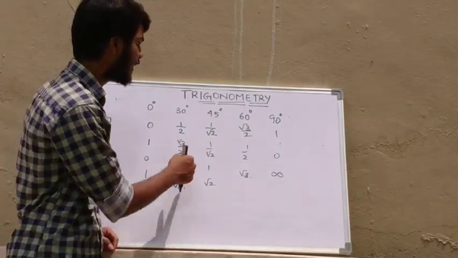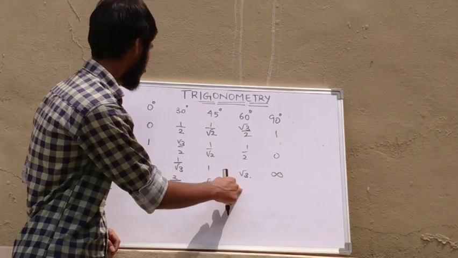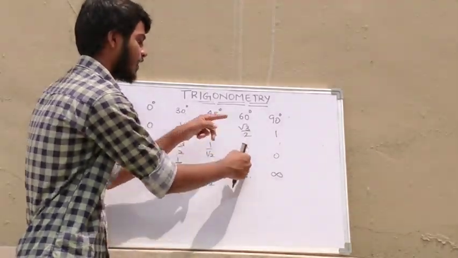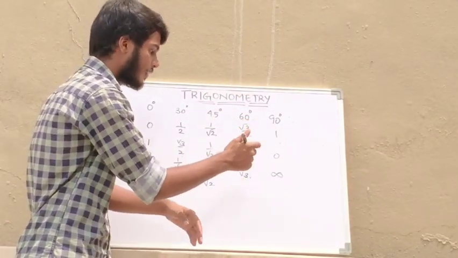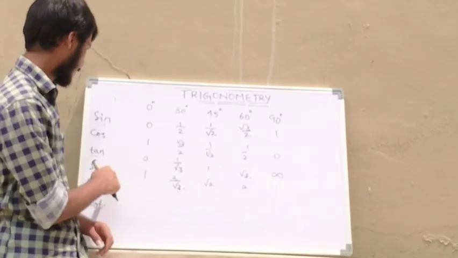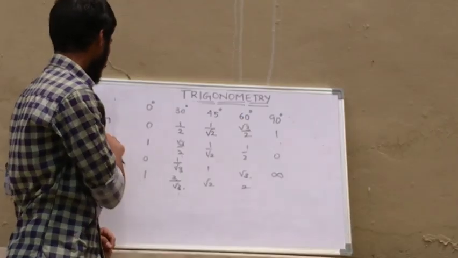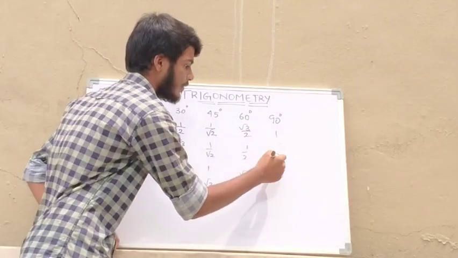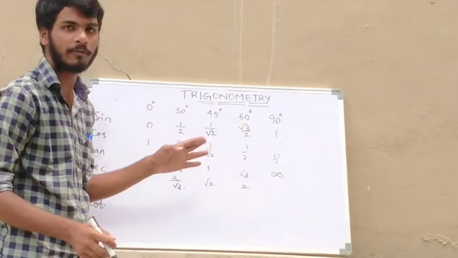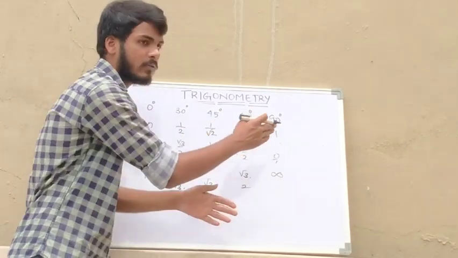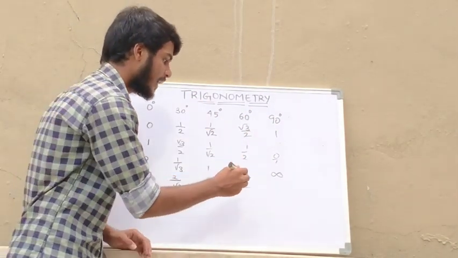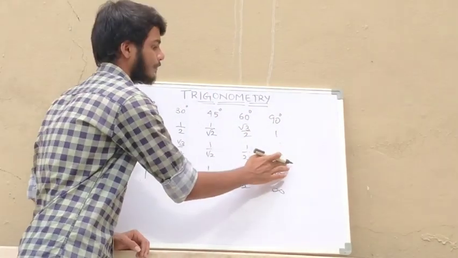Similarly, secant 60 is the reciprocal of cos 60. 1 by 2 becomes 2 by 1, which is 2. Secant 90 is 1 by cos 90, which is 1 by 0, again not defined.